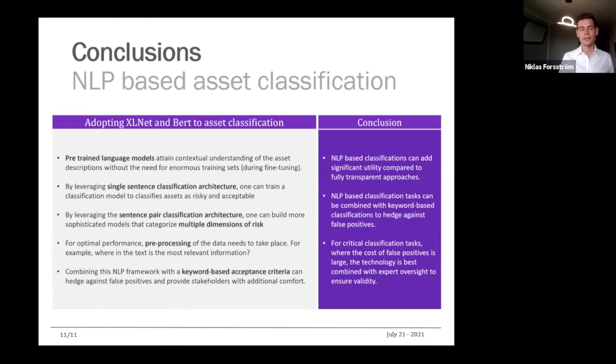Also, a key point to highlight is that these architectures can be combined with the string-based lookup or the keyword identification principle that we mentioned at the beginning. That can be done to make this classification a bit more conservative so that we don't give as many false positives. How we would do that is essentially to require both the NLP classifier to classify this as restricted and a keyword-based classifier to classify it as restricted.